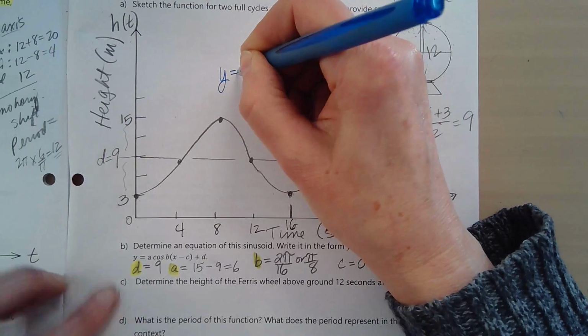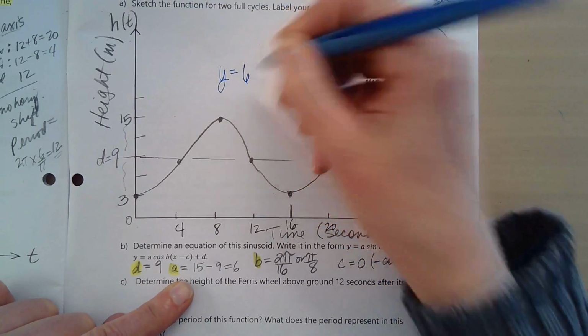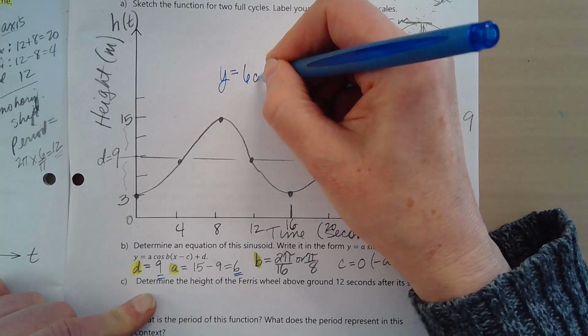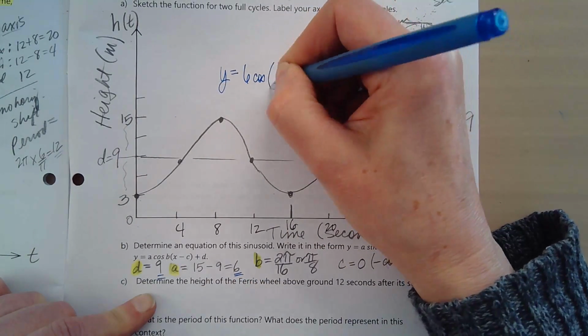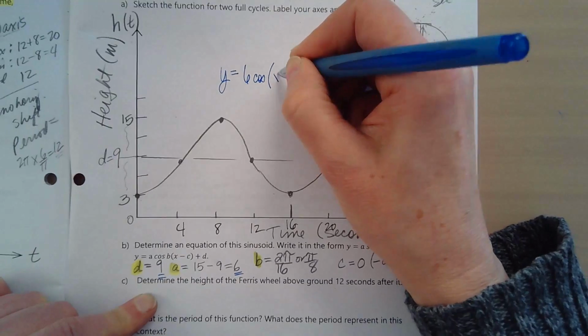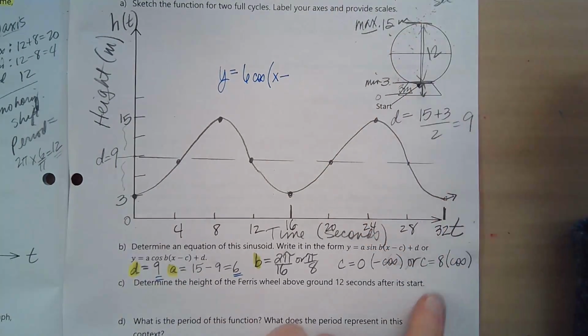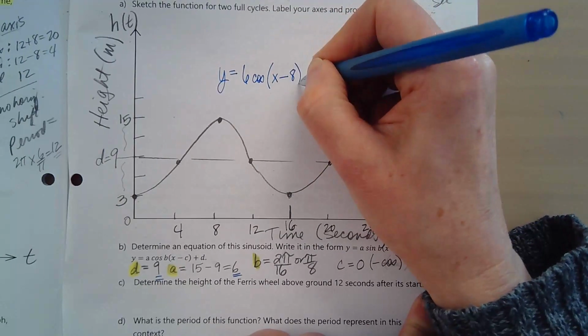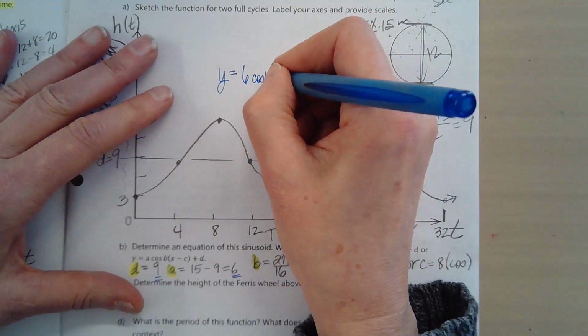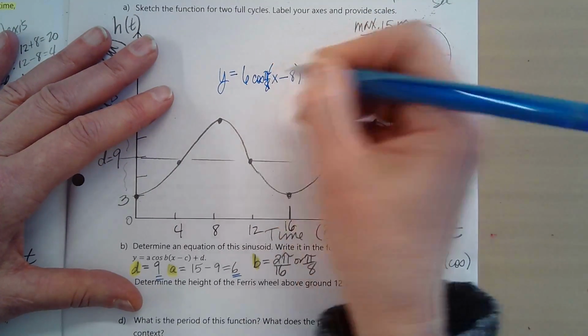Y equals A, which was 6, right? Positive cos for D. And then we're going to do, oh, you know what? Okay, I'll do this first. X minus 8, close bracket. Oops, sorry. Pi on 8 is my B value.